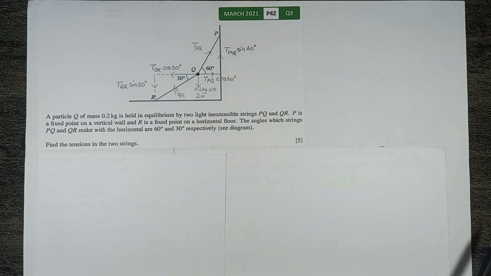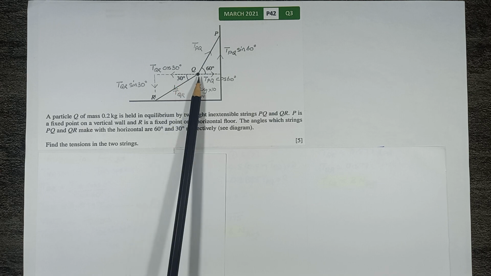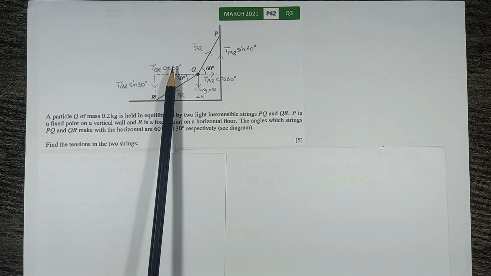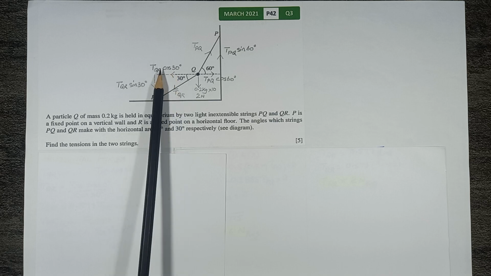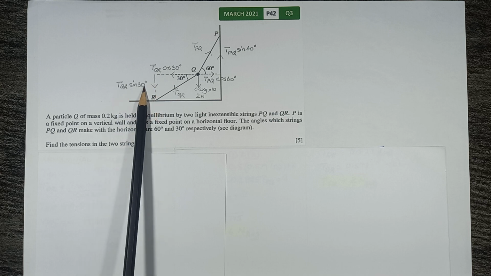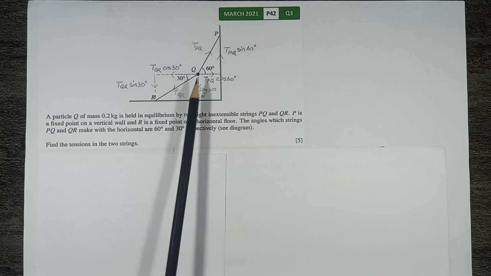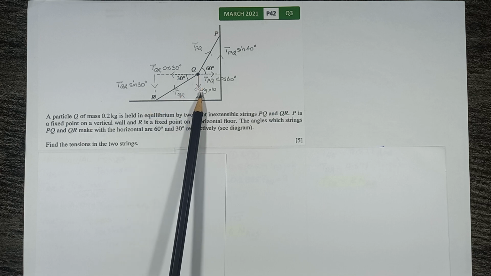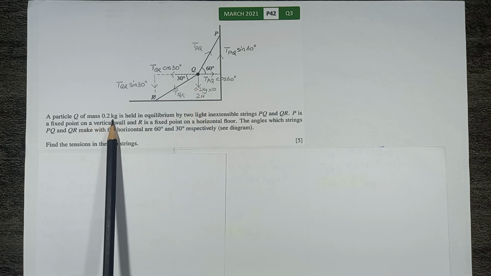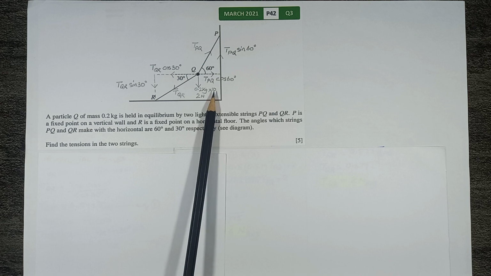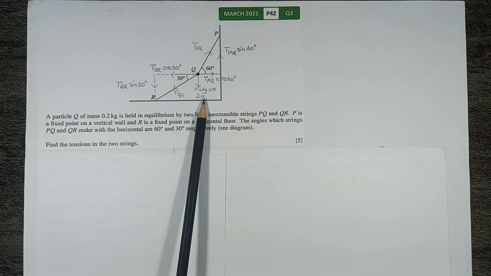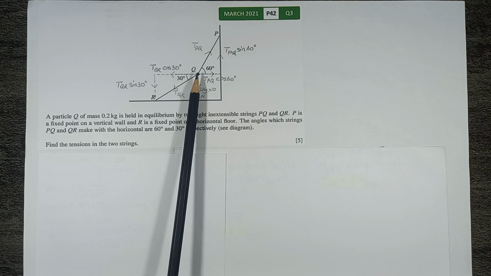Similarly, the 30 degrees with the tension in QR is with the horizontal, so the horizontal component is TQR cos 30 and the vertical component is TQR sin 30 pointing downward. The weight of particle Q is mg: 0.2 times 10, which is 2 Newton.